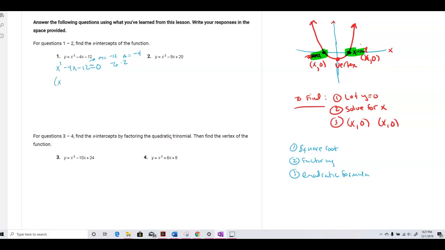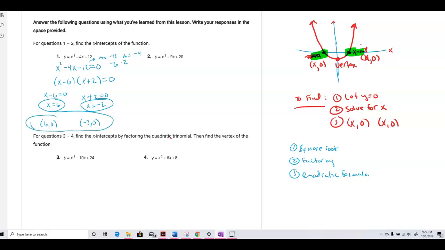Therefore, this factors out to be x minus 6 times x plus 2 equals 0. So now, x minus 6 equals 0, so x equals 6 is one x value. X plus 2 equals 0, so x equals negative 2. So now my x-intercepts for this would be 6 comma 0 and negative 2 comma 0.